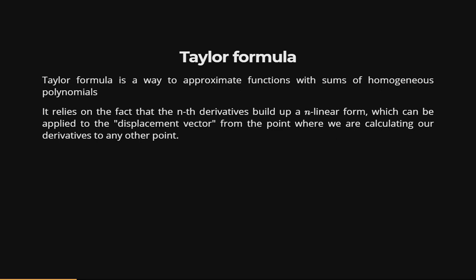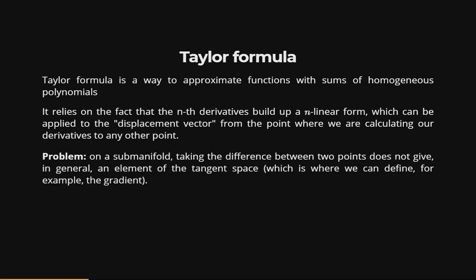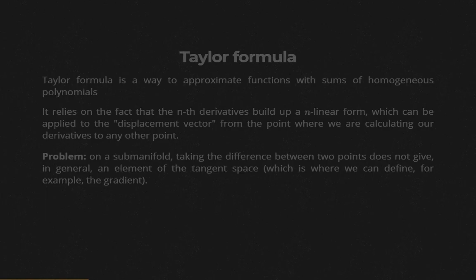Now, the problem on a submanifold of the Euclidean space is that you cannot take the difference between two points. I mean, you can. You take your manifold, a point here and a point here.